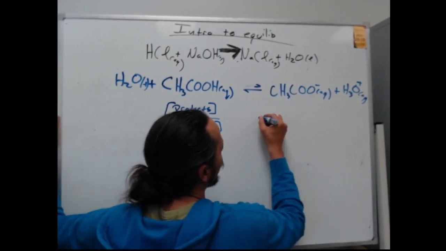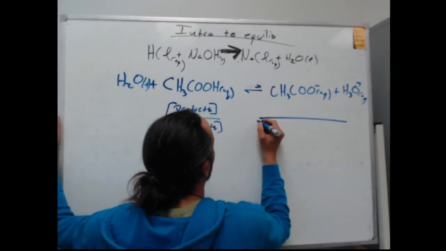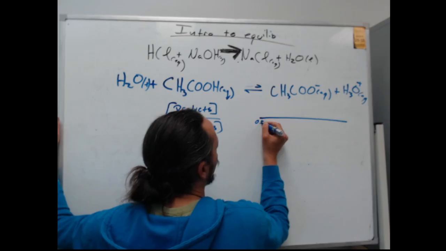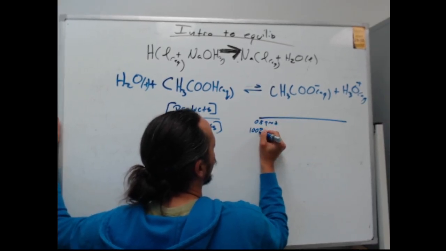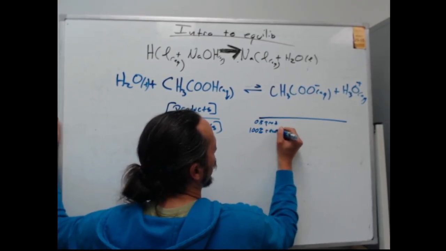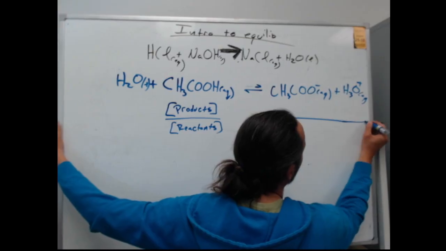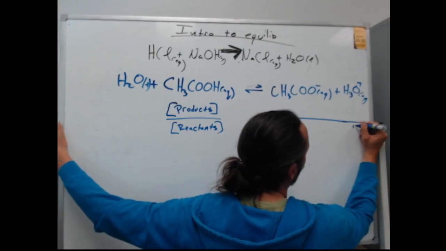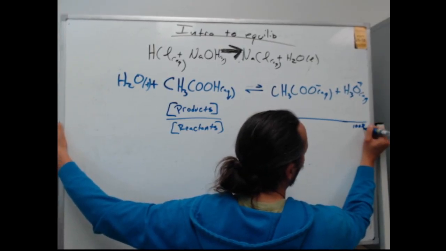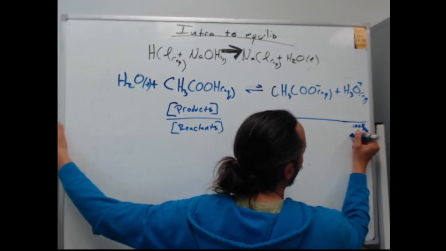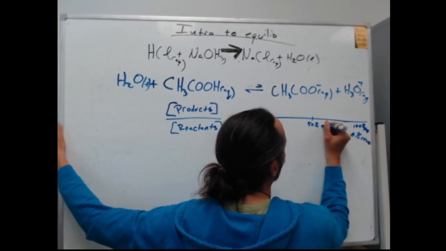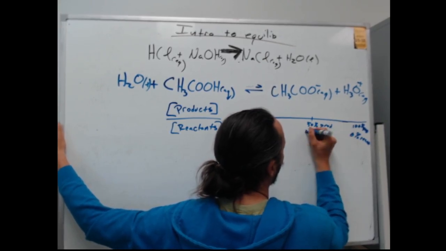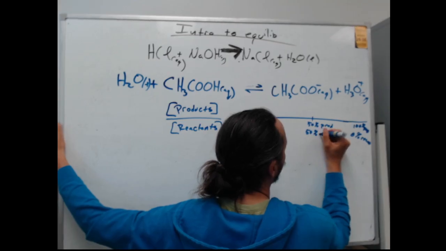And we said there's a scale to this where I can go 0% products, 100% reactants, or I can go all the way to the other extreme where I can go to 100% products, 0% reactants, and someplace in the middle is 50% products, 50% reactants.